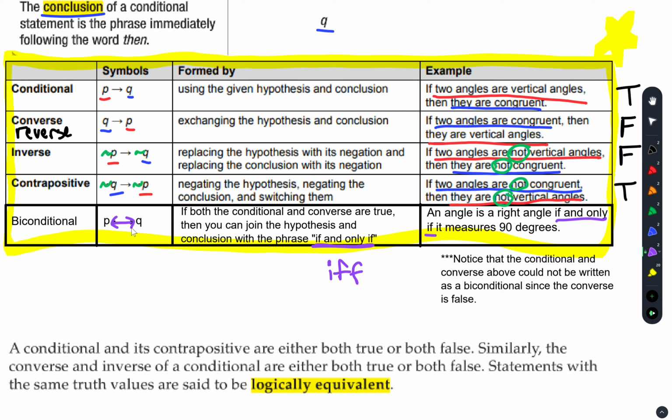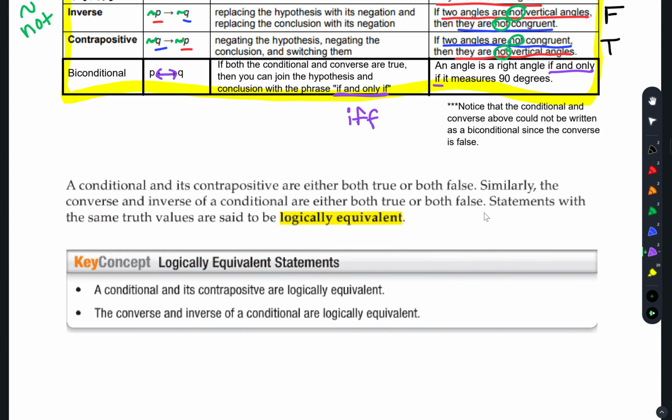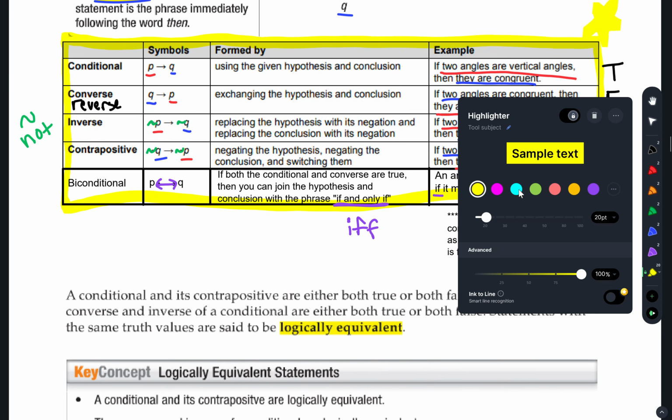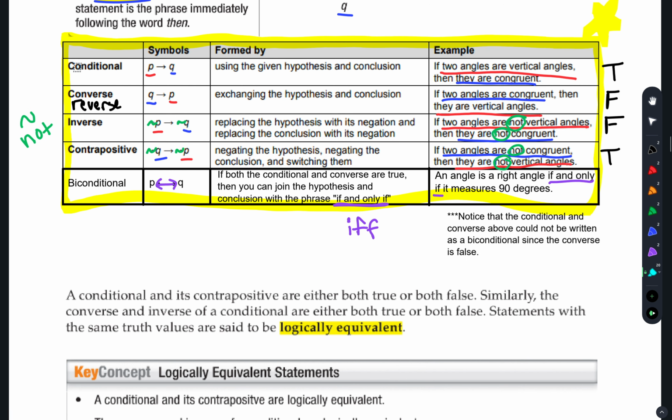Okay. All right. So some of these things are logically equivalent just by nature. Always, all of the time, your conditional statement, which means your original statement, and your contrapositive are going to be the same truth value. So the conditional and the contrapositive will either both be true or they will both be false.